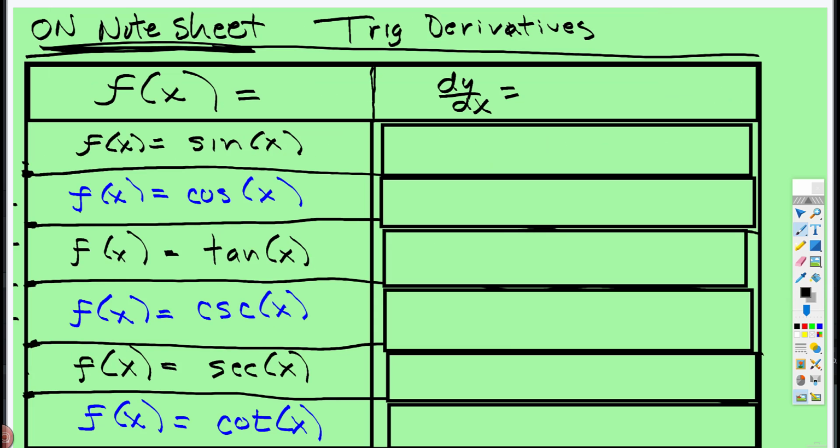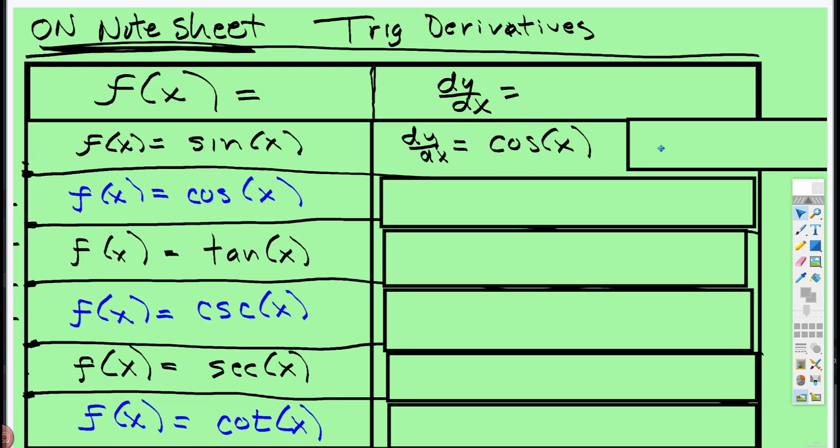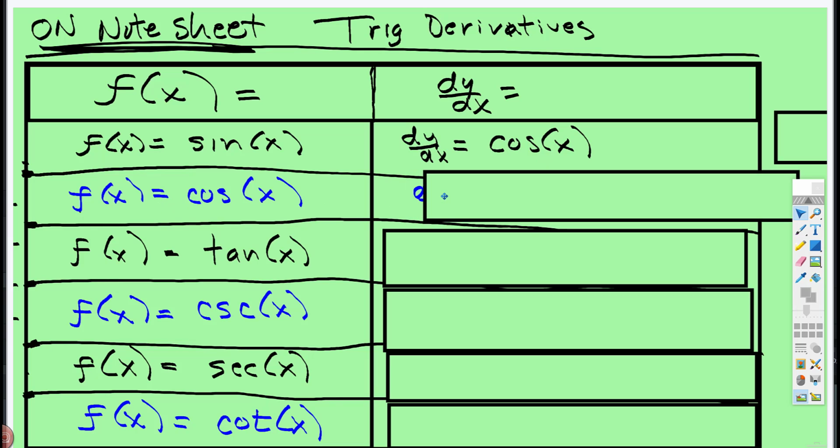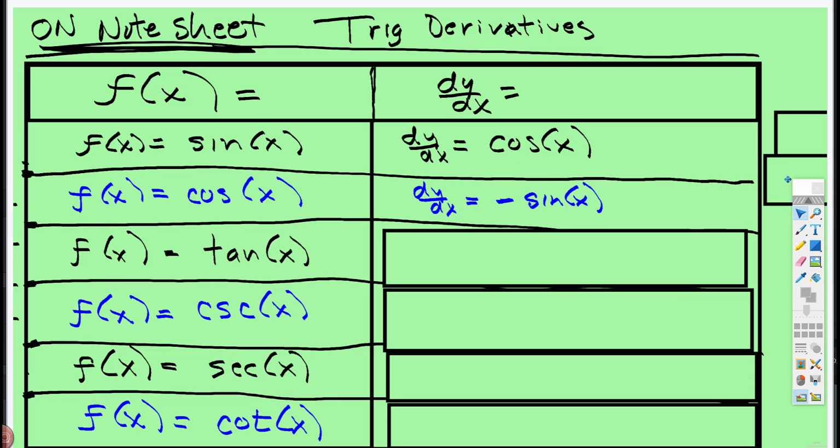All right, and then these trig derivatives, you do not have to have memorized because your CWI note sheet will have these trig derivatives on there. I'll just go over that. If the original function is sine x, its derivative is positive cosine x. If the original function is cosine, be careful, its derivative is negative sine x.